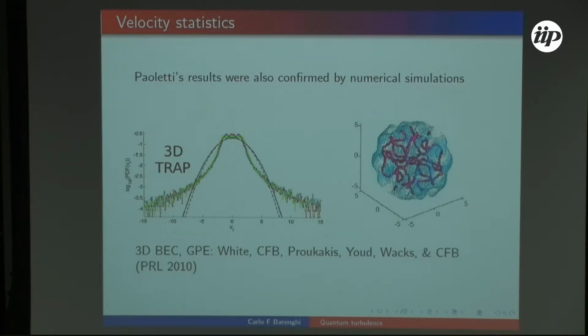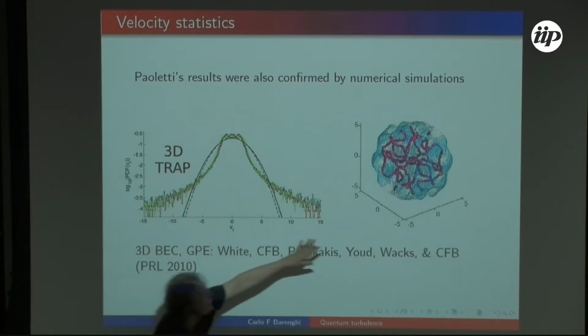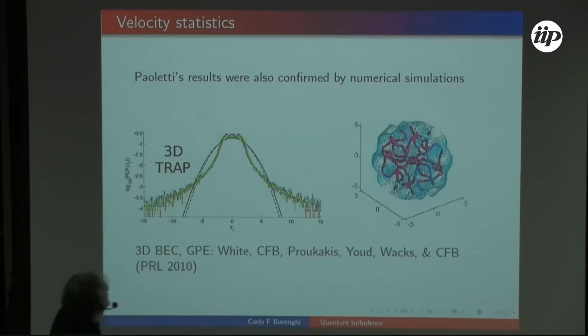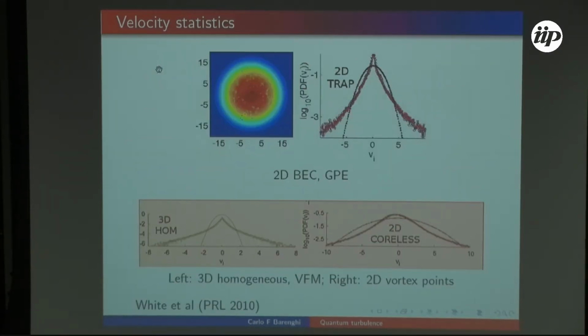This was done by measuring the velocity in a computed turbulent condensate. You see again these power laws in 3-dimensional turbulence, essentially the turbulence corresponding to this system. So we have non-Gaussian power laws, but also in 2 dimensions, and also with very simple vortex points method, you get power laws.